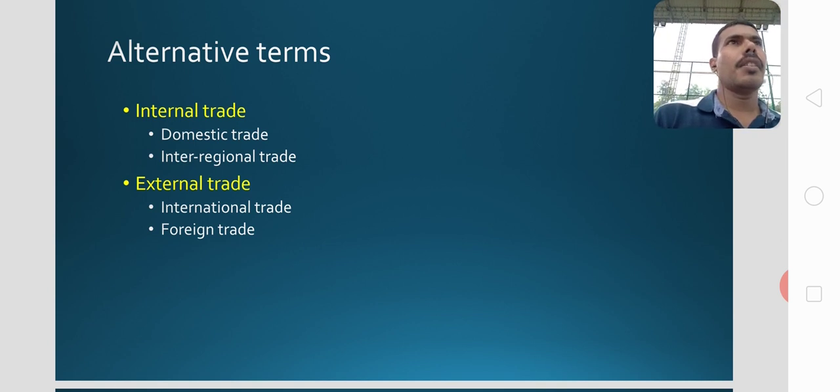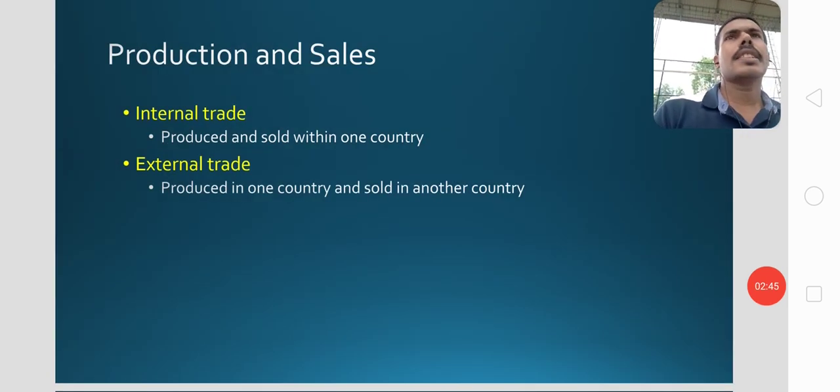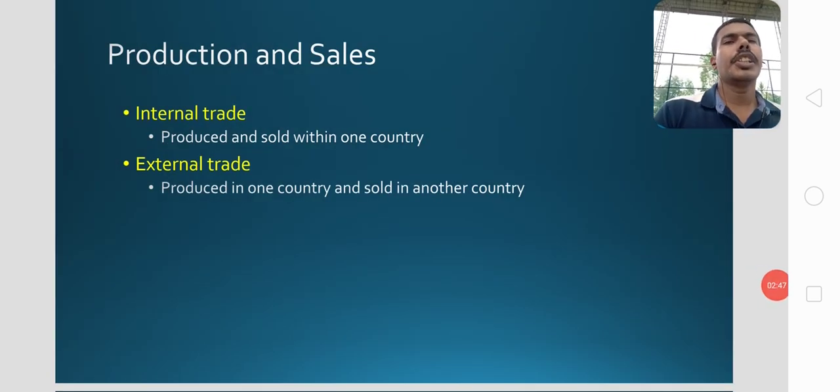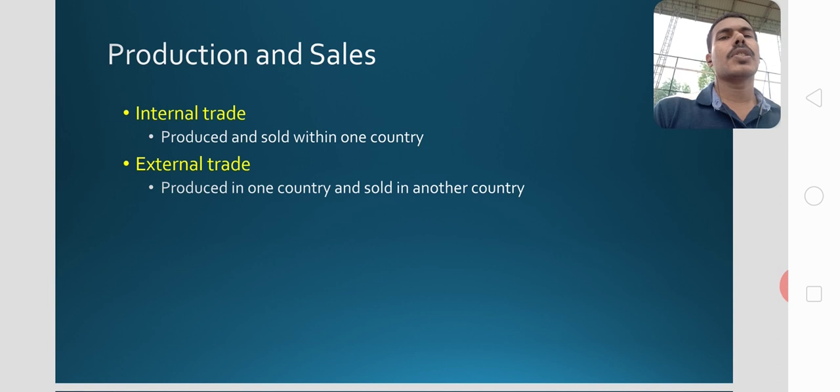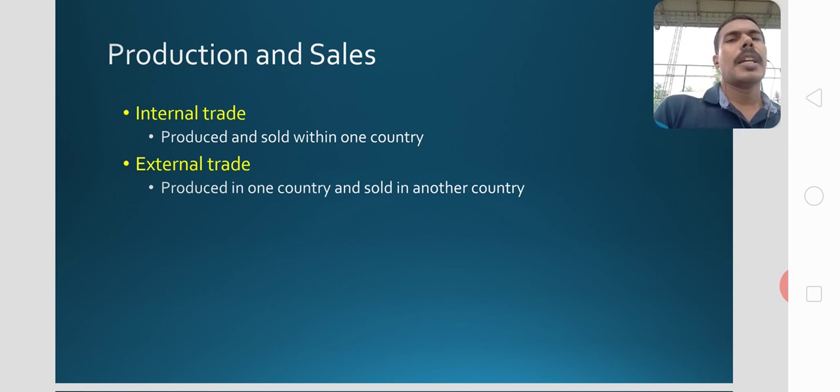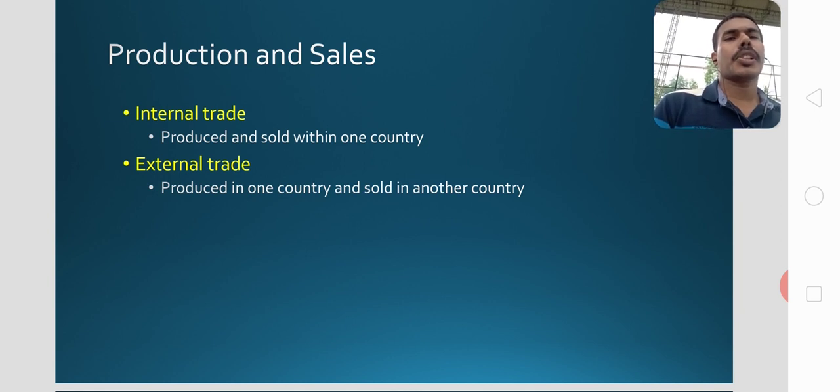Internal trade is within the nation, external trade is between nations. So let's classify internal and external trade on the basis of production and sales. In the case of internal trade, production and sales happen within the nation. For example, vegetables are produced in Tamil Nadu and sold in Kerala.